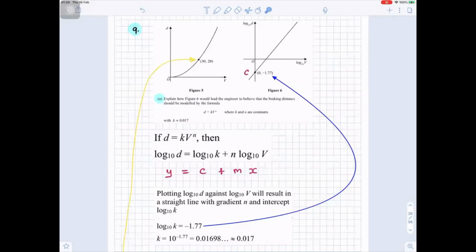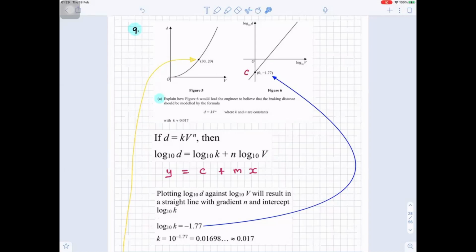So the way you do it, you take logs on both sides. If d equals k times v to the power n, then if we put log in front of d, log to the base 10 of d is equal to log to the base 10 of k plus, because when you take logs you separate them and add them, n log to the base 10 of v.